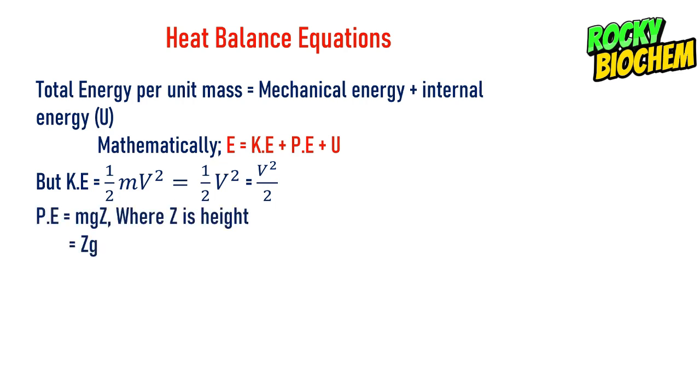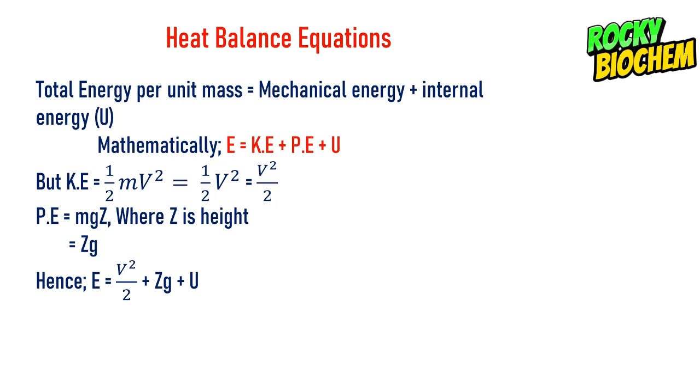Also, potential energy is given by mass multiplied by gravity and then multiplied by height. Our m here represents the mass, g represents the gravity, and z represents our height. Since we are considering a unit mass, our PE will be equal to Z multiplied by G. I hope you have followed up to this point. So let's continue.